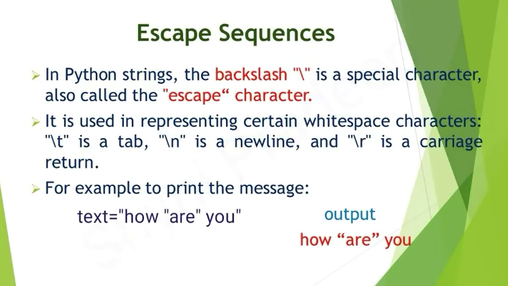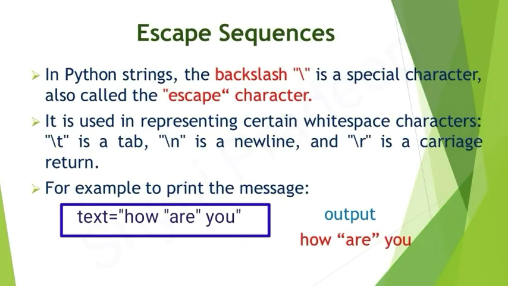Let us see one example why we are using these escape sequences. Text equal to "how are you?" This is a string. The string is given within double quotes. If you want to use double quotes within this string that is surrounded by double quotes, you will get the error message. To avoid this problem, you have to use escape character.